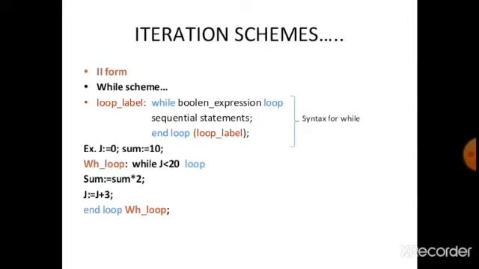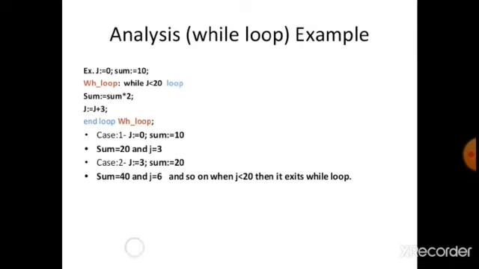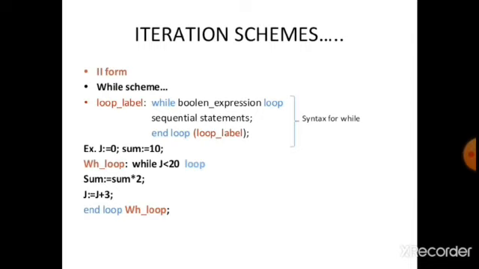Next is the loop, and here sum is equal to sum into 2, and the next statement is j is equal to j plus 3, and then the end of the loop, followed by the while loop label. It begins with the loop label and ends with the loop label. Whatever we have written here is called the body of the while loop.